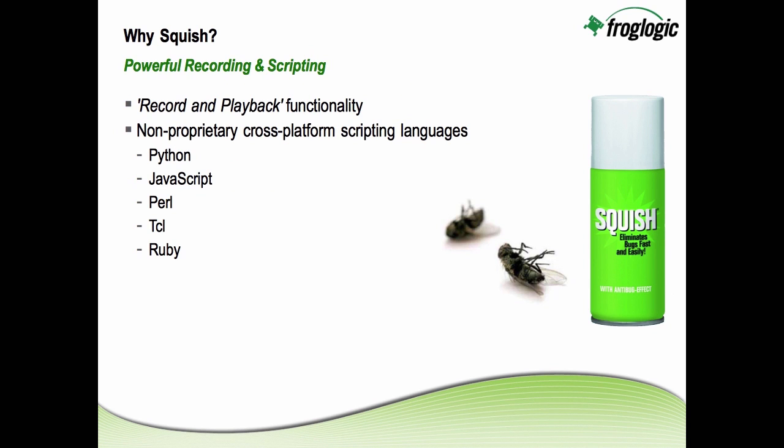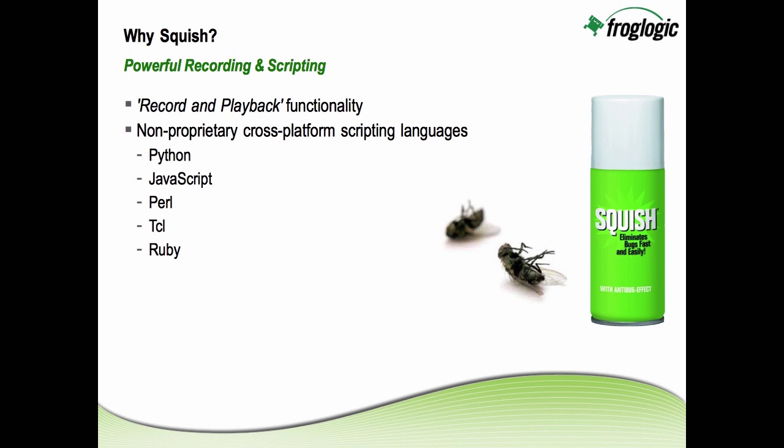Now, Squish also is going to provide you with powerful record and playback functionality as well as scripting. Our scripting languages we've chosen because they're non-proprietary and they're cross-platform, meaning your tests are going to work across the different platforms on which the technology you're testing is supported, and these scripting languages are real-world languages.